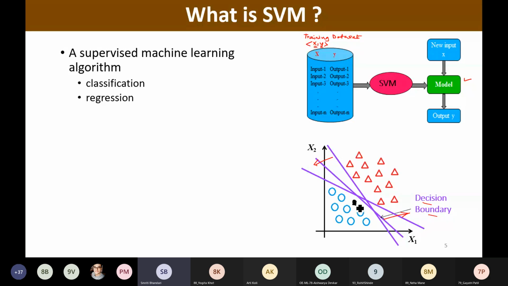My system will check for this sample, and this is my decision boundary, right? So if the sample belongs to this side of the boundary, then this black test sample will be classified as class circle. If my test sample is towards this side, then definitely it will be classified as the triangle, right?